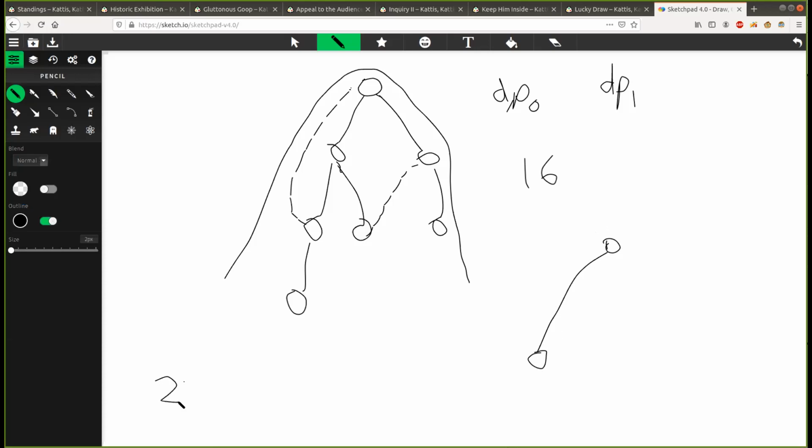And that gives 2 to the 16 possibilities. And then for each one, we can do almost the same DP for the spanning tree, but there's just some extra requirements, like certain nodes are not allowed to be in the set. So the complexity is 2 to the 16 times the number of nodes.